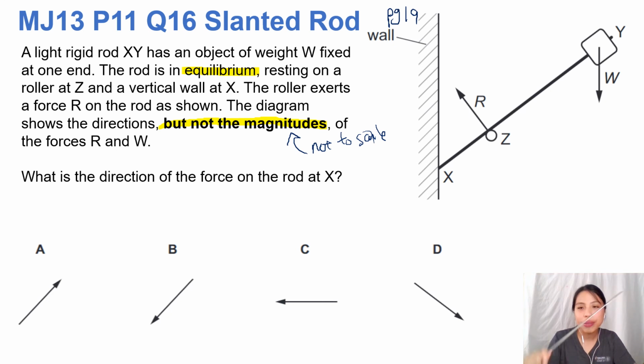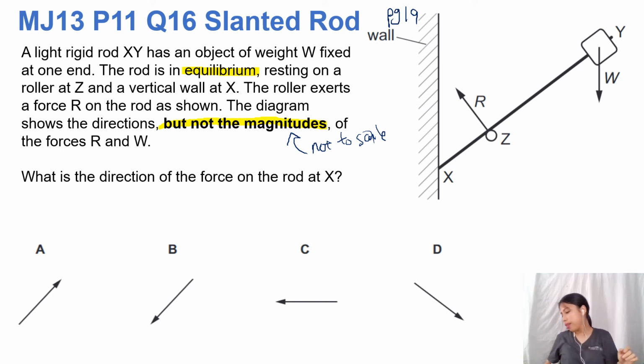So we have a ruler, a weight pulling down, against the wall, and then some support like this. You can try this out with your own ruler. Imagine your hand is the wall, and your thumb is the support Z to hold it up like this. So you see, it's holding up the ruler. Now if I pull down the tip, what's going to happen? How is the wall going to support this rotation?